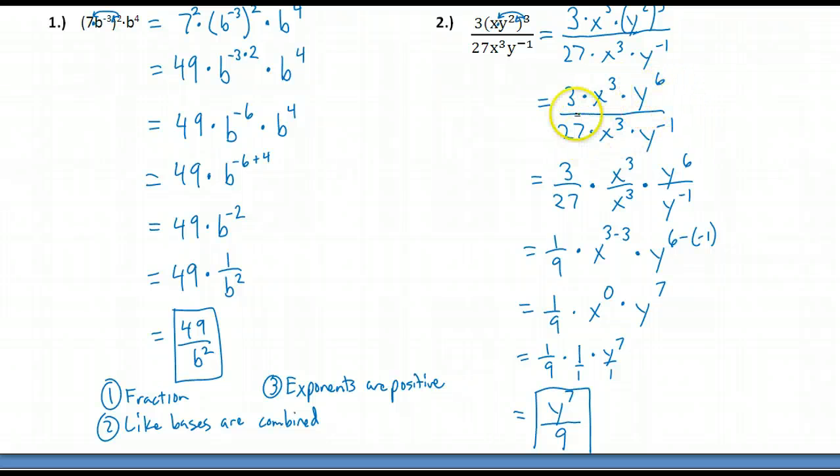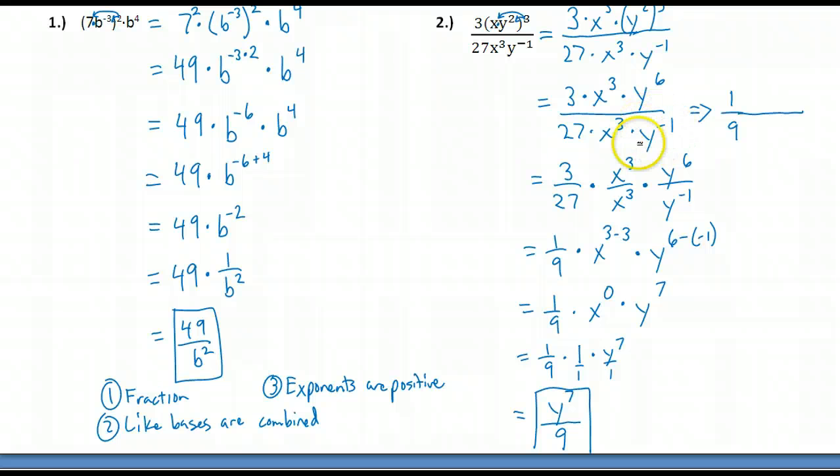Up here, I could have done this problem differently. If I wanted to, I could have taken 3 over 27 and rewritten it as 1/9. And then I could have said x to the third over x to the third cancels.